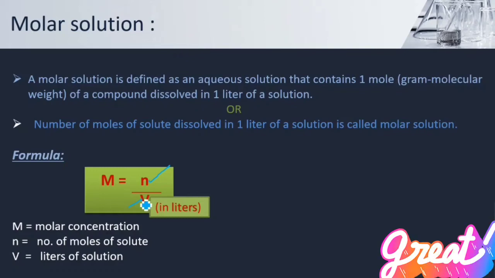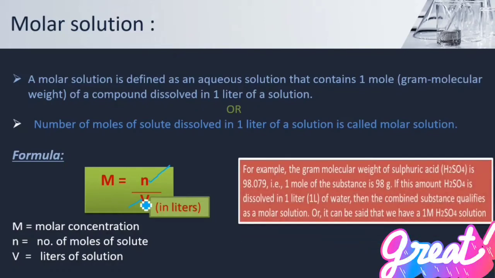You can understand it simply by an example. The gram molecular weight of sulfuric acid is 98. 1 mole of the substance is 98 gram. If this amount is dissolved in 1 liter, then the combined substance qualifies as a molar solution, as it can be said that we have a 1 molar H2SO4 solution.